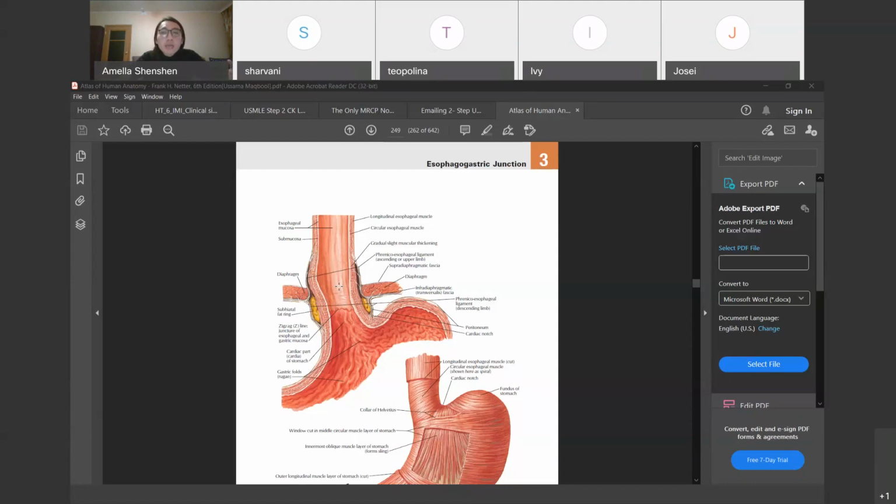So if there's any reflux or anything that goes out of the stomach, whether it's GERD, achalasia, or even normal vomiting, maybe you're just dizzy and feel nauseous, then you start vomiting. Any outflow of gastric content into the esophagus is aggressive to the esophagus, and the mucosal layer of the esophagus cannot withstand such aggressive content.